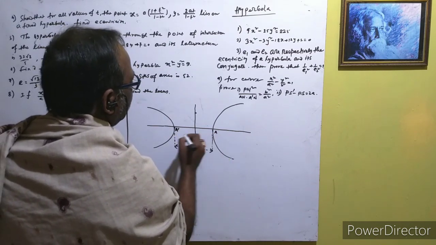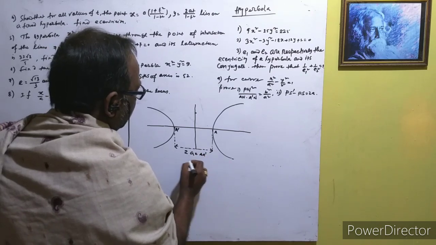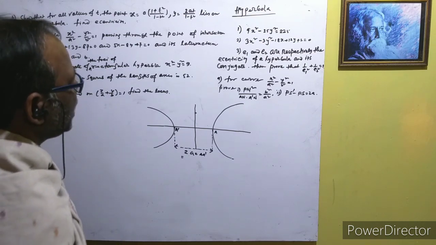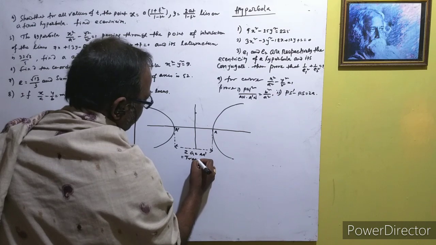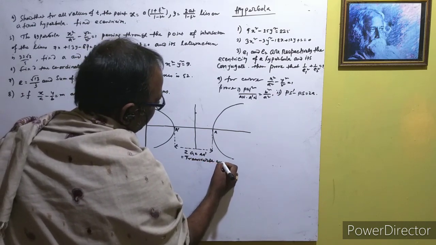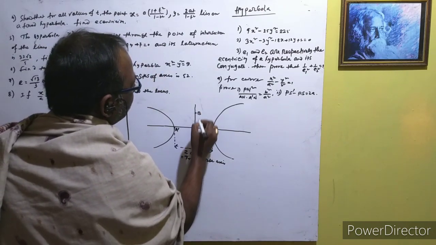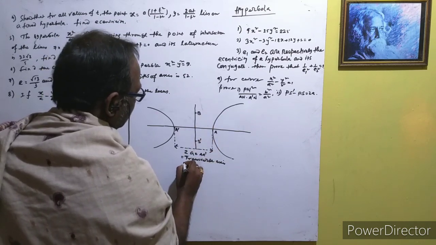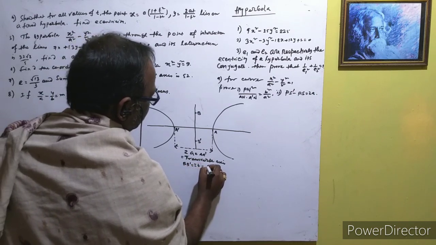This is called the transverse axis. But this is B and B dash, that is twice B, and it is called the conjugate axis.